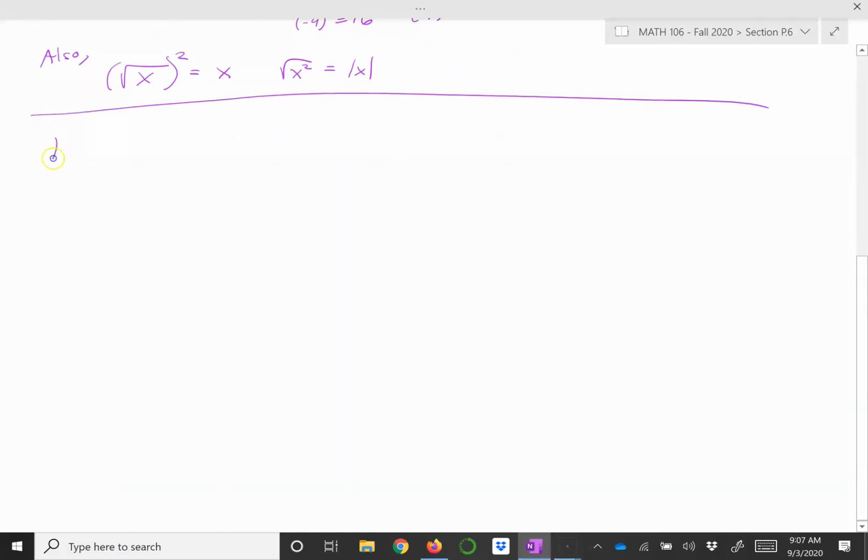All right, so this would be finding, I'm going to abbreviate here, finding square roots of ratios. All right, we're going to find square roots of ratios.